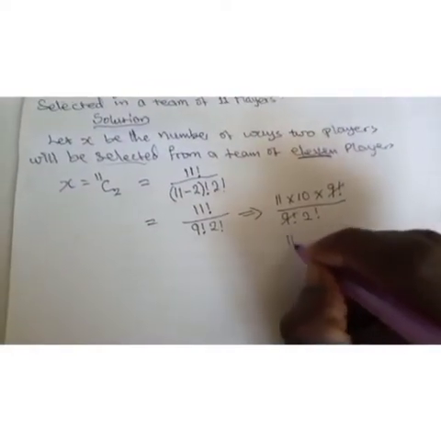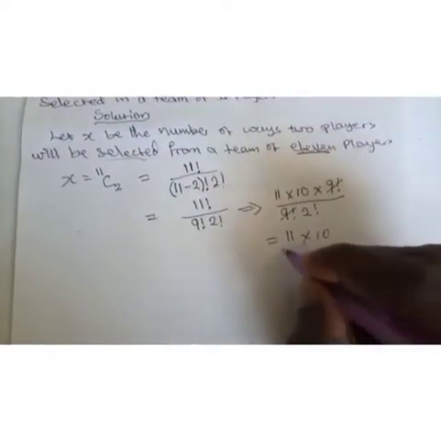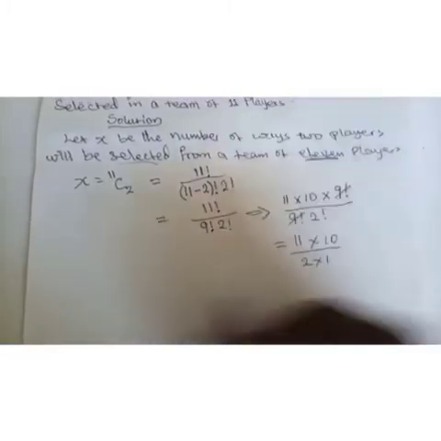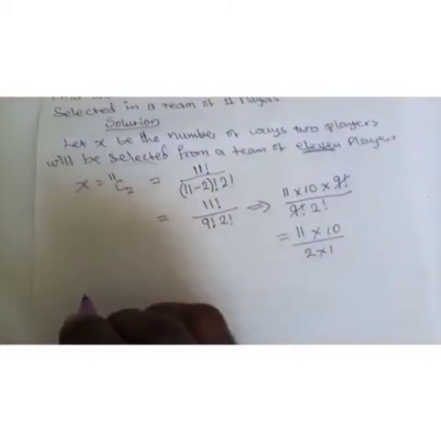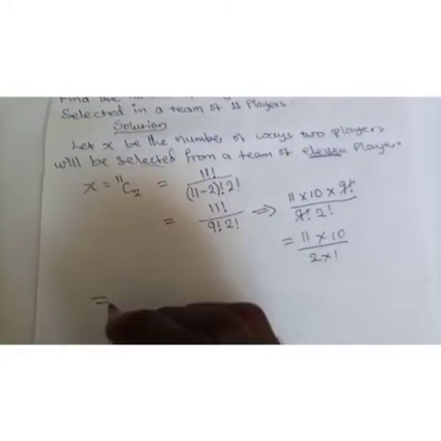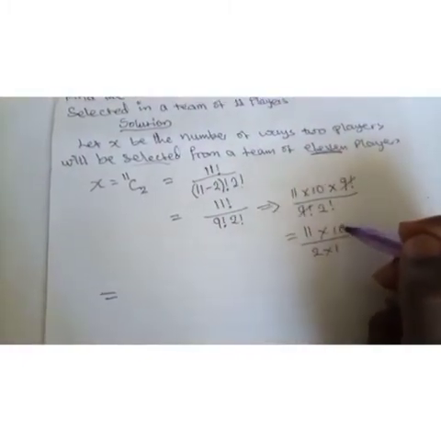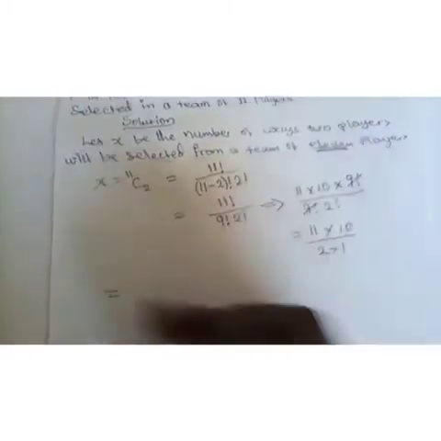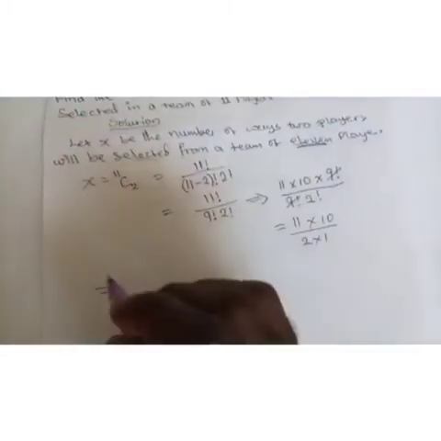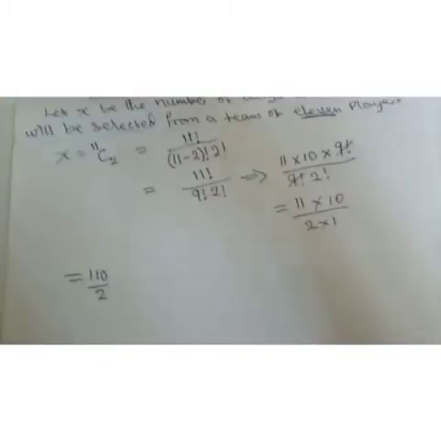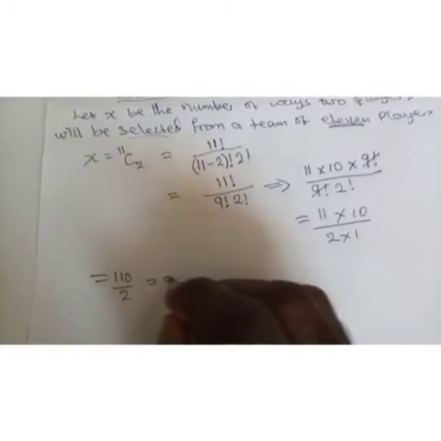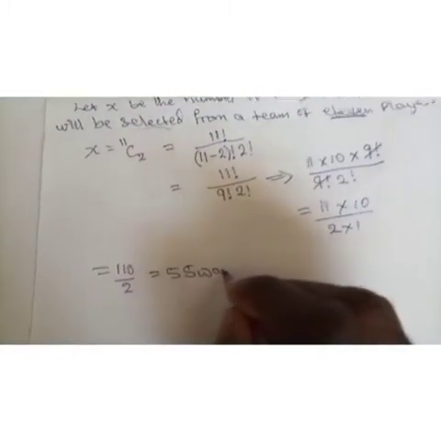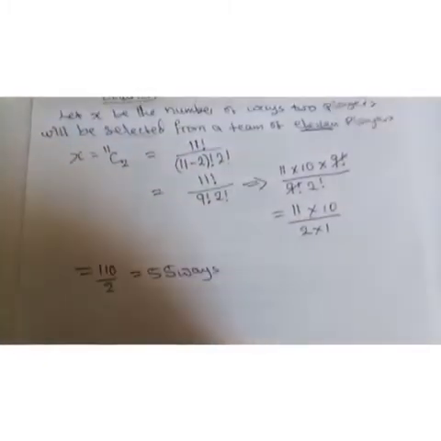So here we have 11 times 10 all over 2 times 1. 11 times 10 is 110, over 2, which is equal to 55 ways.